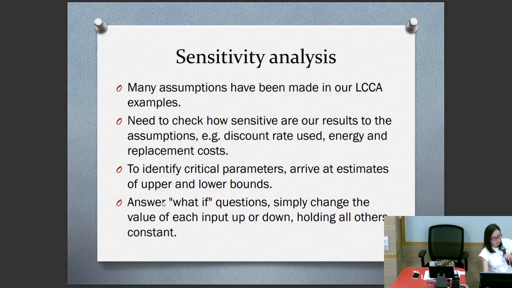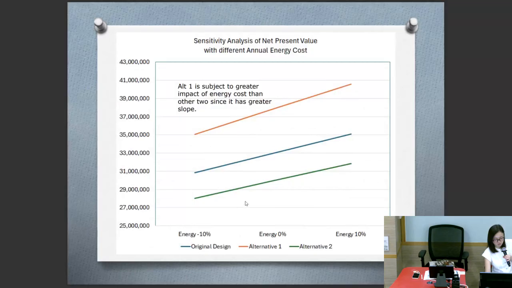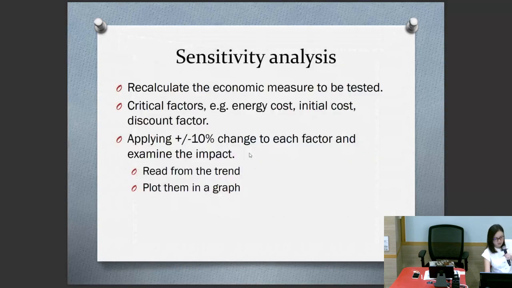To answer the what-if question, simply change the value of each input up and down, holding all others constant. For example, we want to analyze the sensitivity towards the annual energy cost. So we can recalculate the economic measure to be tested, and study one of the factors.